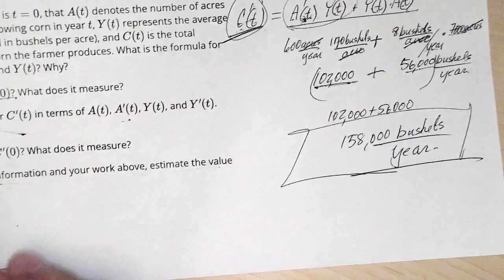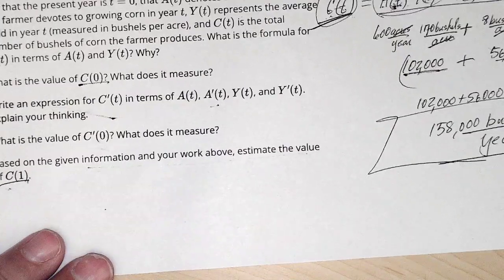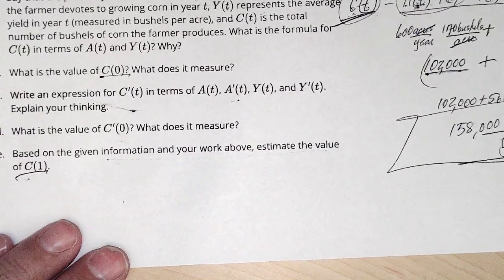Based on the information, estimate how much we're going to produce next year, C of 1 instead of C of 0.